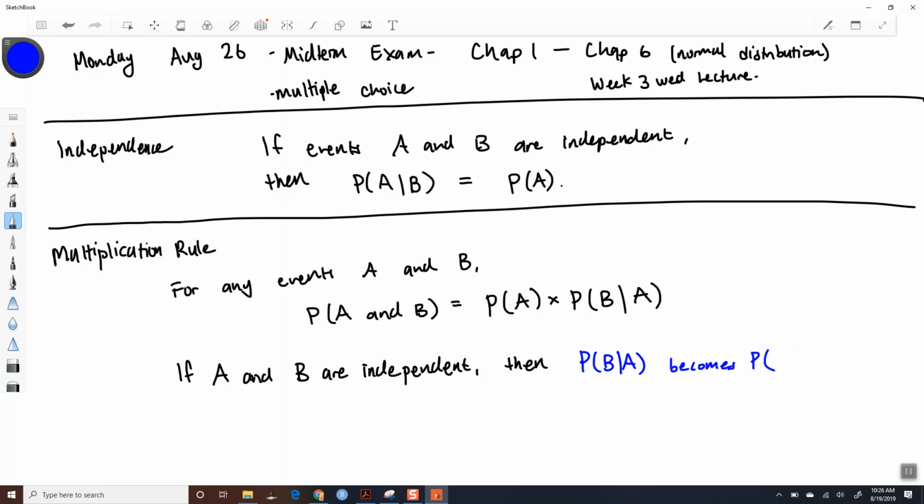Just the probability of B, exactly. So if A and B are independent, then the probability of A and B is equal to the probability of A times the probability of B.